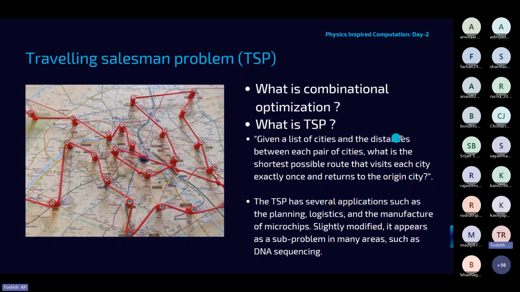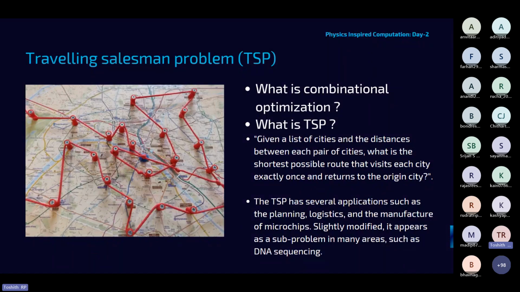Reading the problem statement of the traveling salesman problem: given a list of cities and the distances between each pair of cities, what is the shortest possible route that visits each city exactly once and returns to the original city? Currently, I'm only considering the symmetric traveling salesman problem.